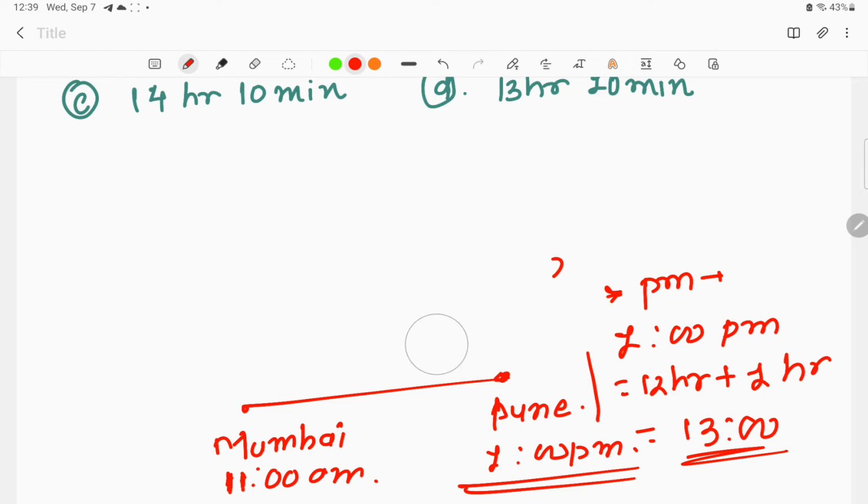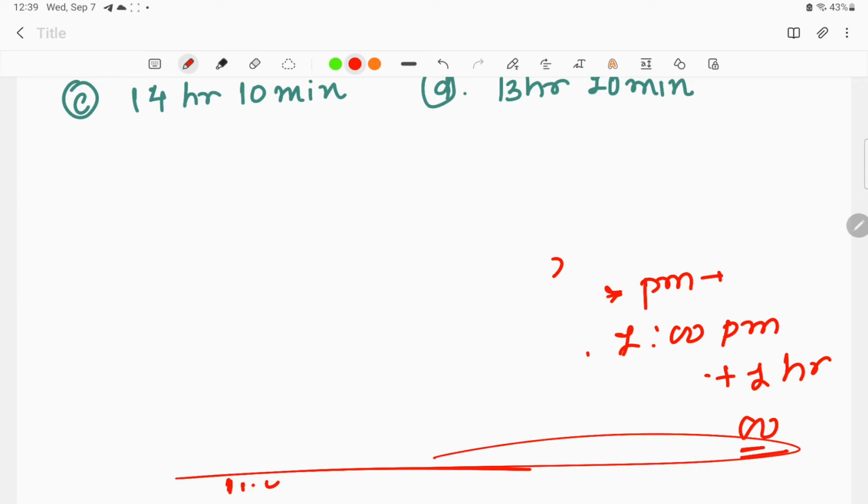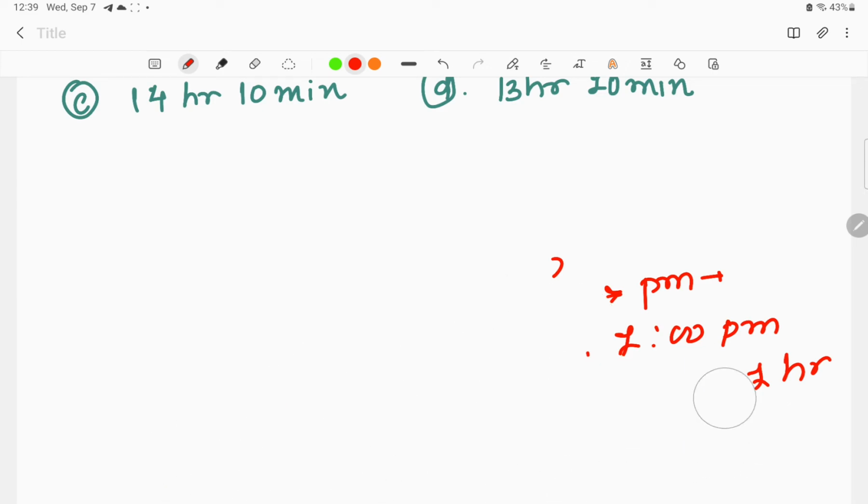To understand that in detail, let us go through the question once.